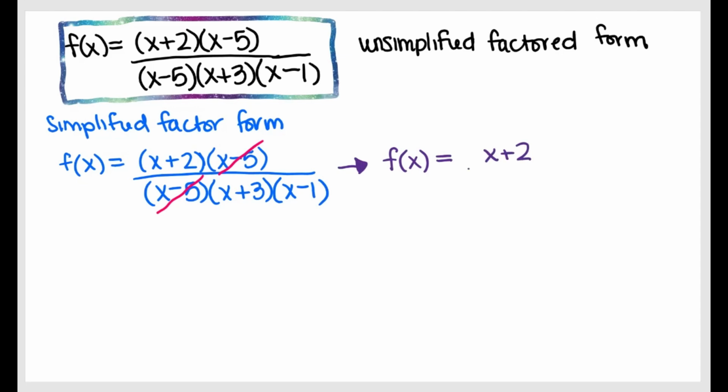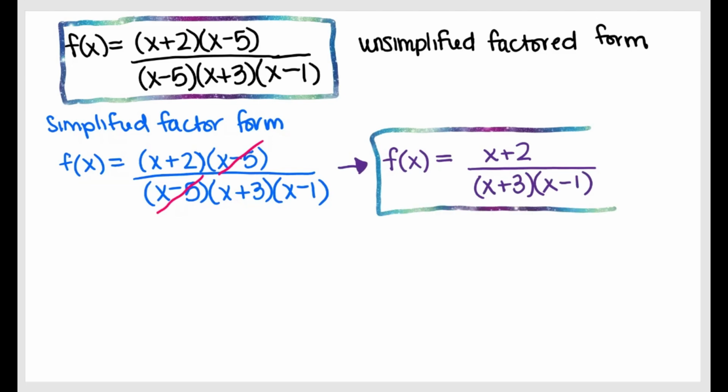You can put it in parentheses still if you'd like. You don't have to. All over x plus 3 times x minus 1. In the bottom, you have to keep the parentheses around your factors because there's more than one factor. But up top, you don't need to.